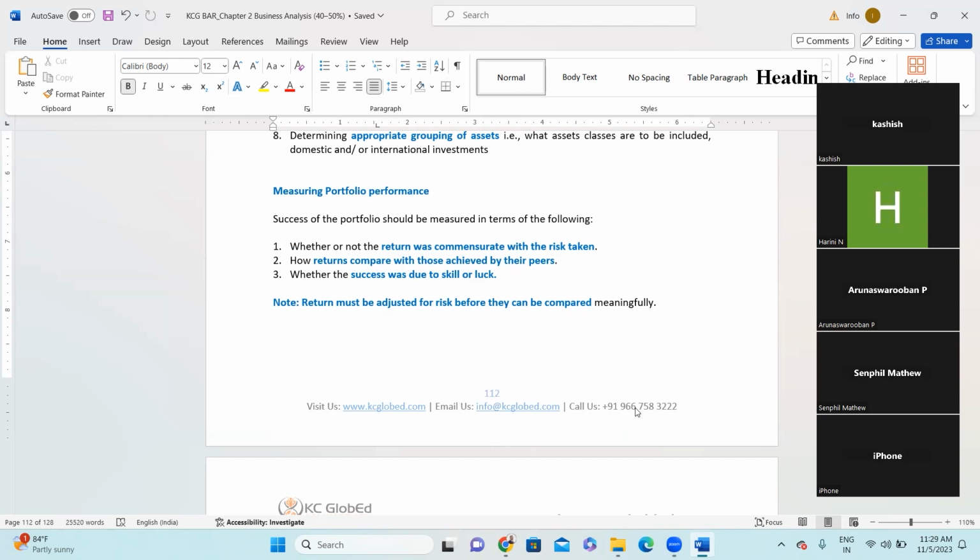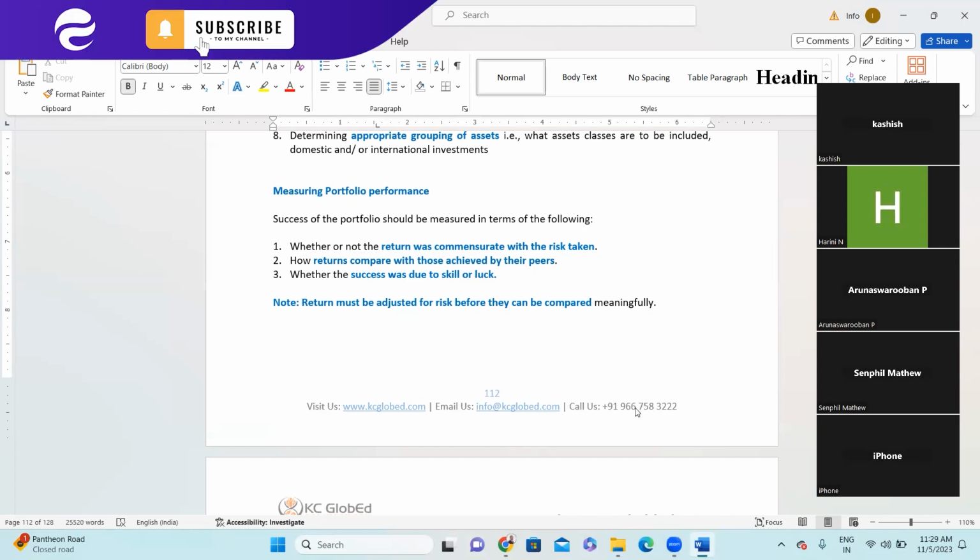Risk and rewards move together. Do you remember that line? Yes, sir. The same thing applies here: whatever risk you have taken, according to the risk category, the return as per market norms should be there, and whether you have achieved that return or not.